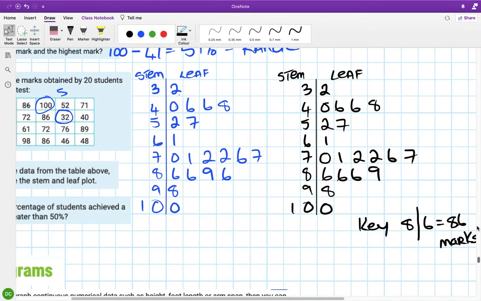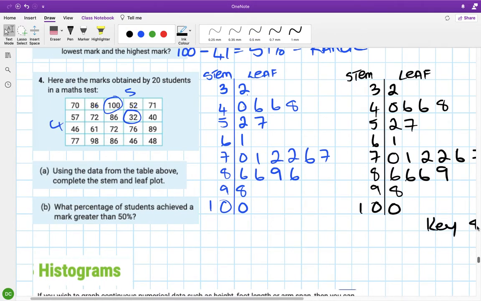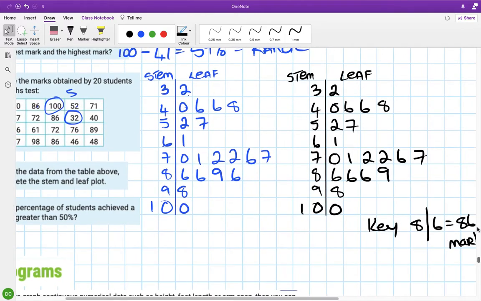And then what percentage of students achieved a mark greater than 50%? Okay, so greater than 50%. 1, 2, 3, 4, 5, 6, 7, 8, 9, 10, 11, 12, 13, 14, 15 students.